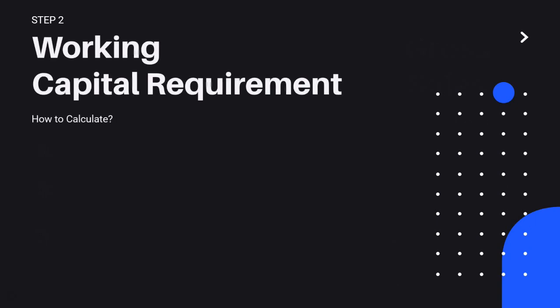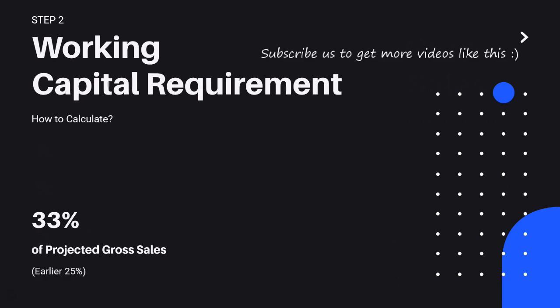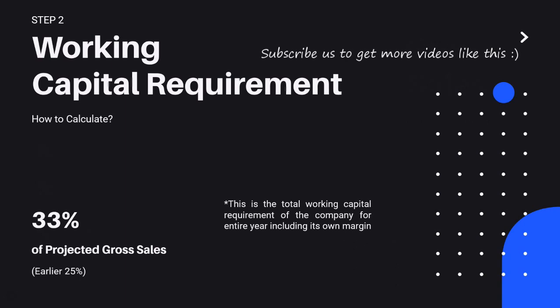Now I will tell you how to calculate the working capital requirement. It's around 33% of the projected gross sales. Earlier it was 25%. The logic behind this 25% or 33% I will explain later, so don't worry. This is the total working capital requirement of the company for the entire year, including its own margin.